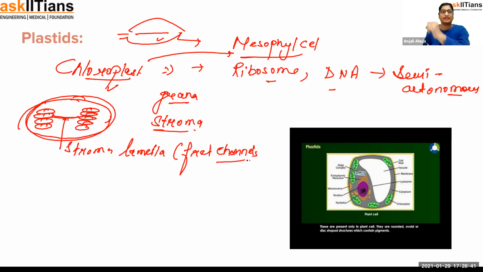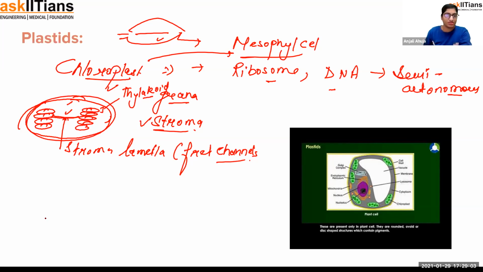These are the ones which are connecting. Now, one thing. Grana look like a stack of coins, and one coin of the grana is known as thylakoid. A number of thylakoids together make the grana. And the matrix part is known as stroma. Clear? This is the structure of chloroplast.